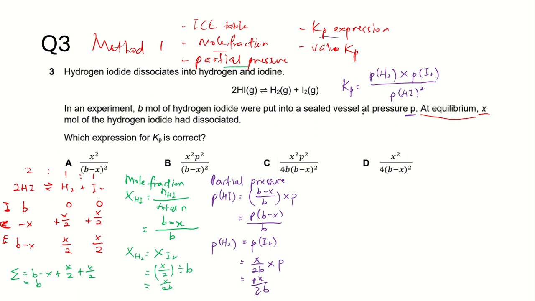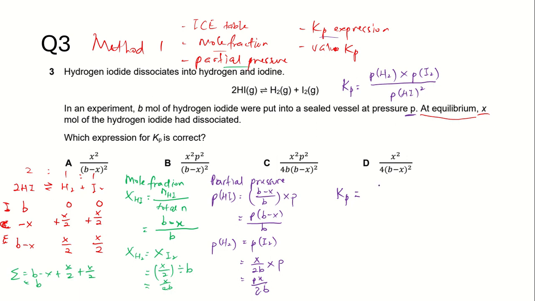Okay. Now we have the Kp expression and we have all the partial pressures. Now I can substitute all these partial pressures into the Kp expression to find a value for Kp.